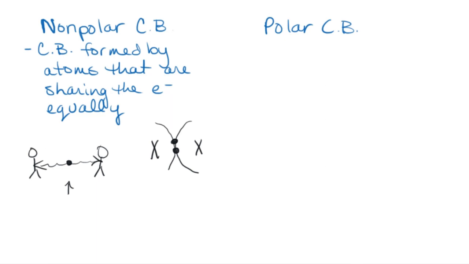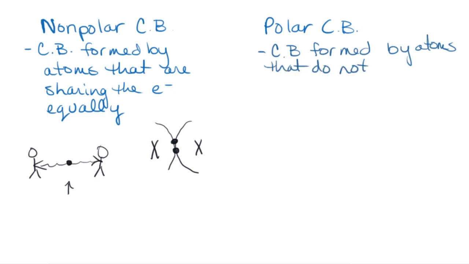Now, when we switch gears and start talking about polar covalent bonds, it's a little bit different, because polar covalent bonds are covalent bonds formed by atoms that do not share the electrons equally.